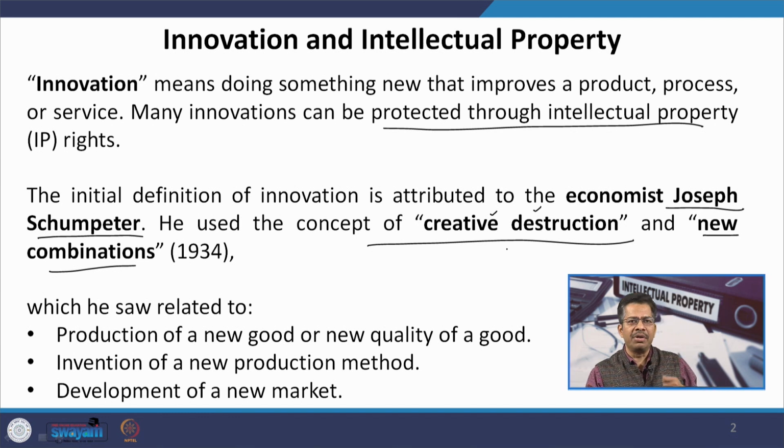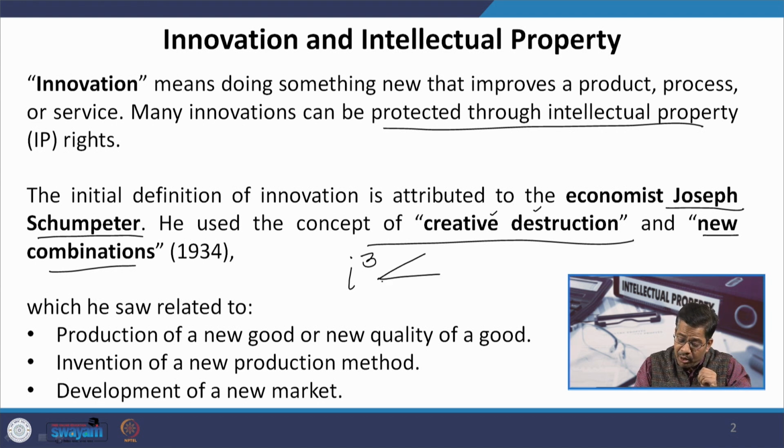When we are trying to define innovation, we use a very simple formula which is known as the IQ formula. Under this IQ formula, you have three very important elements. These are a new idea, the idea should be implementable, and then it should also create impact.